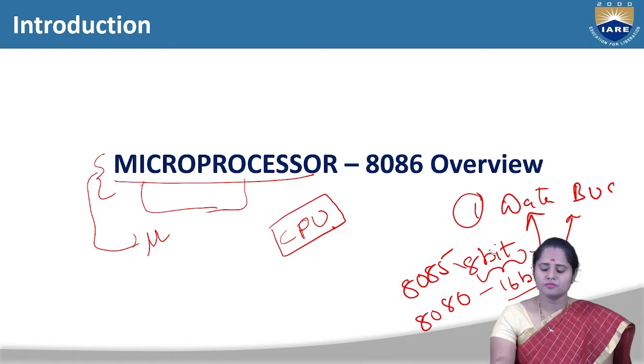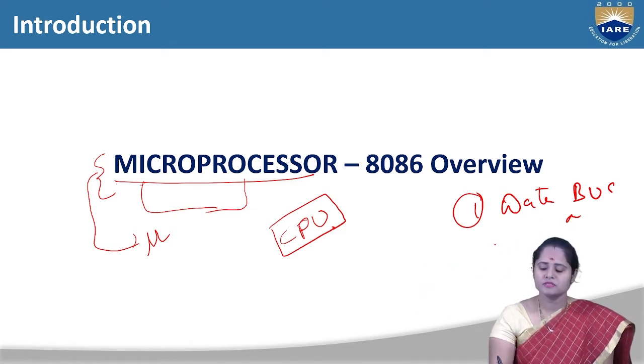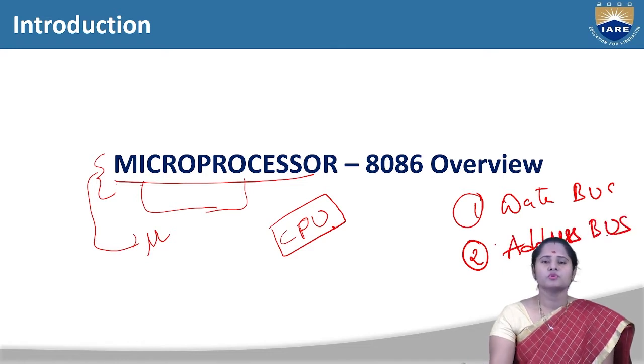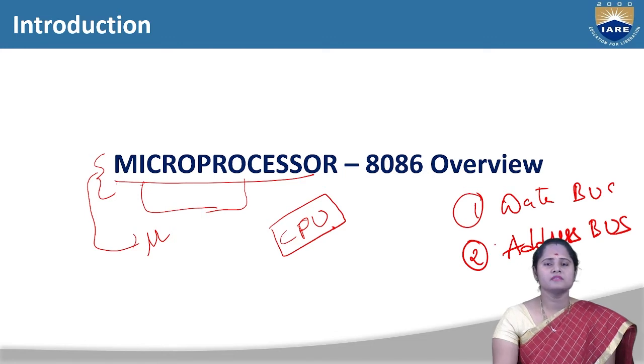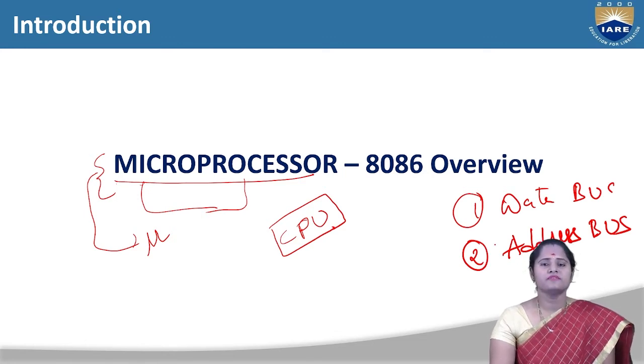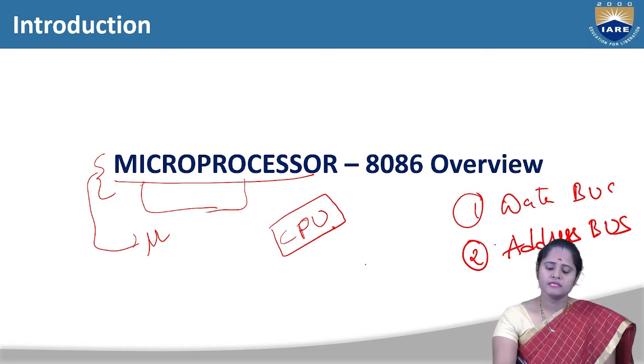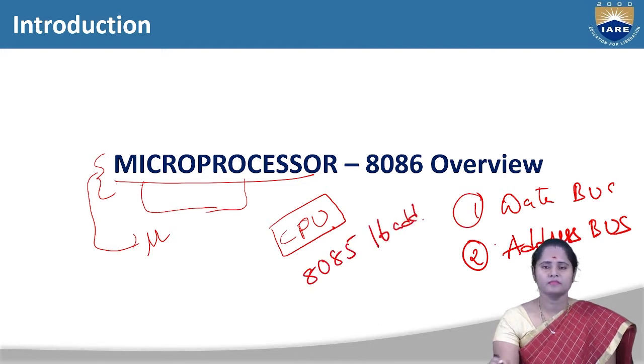The next characteristic is the width of the address bus. This is another very important characteristic, where the address bus defines how much maximum memory can be accessed by the 8086 microprocessor. For example, the 8085 has 16 address lines, whereas the 8086 has 20 address lines.